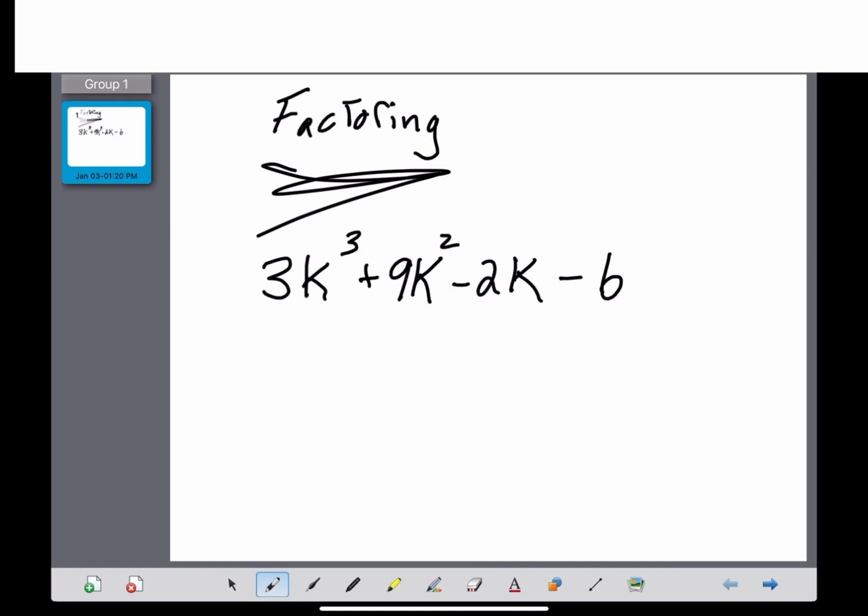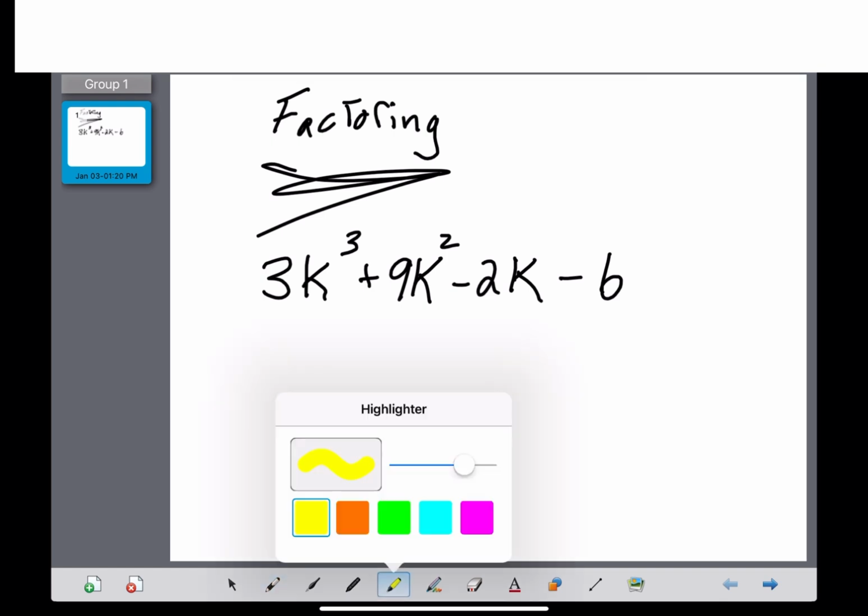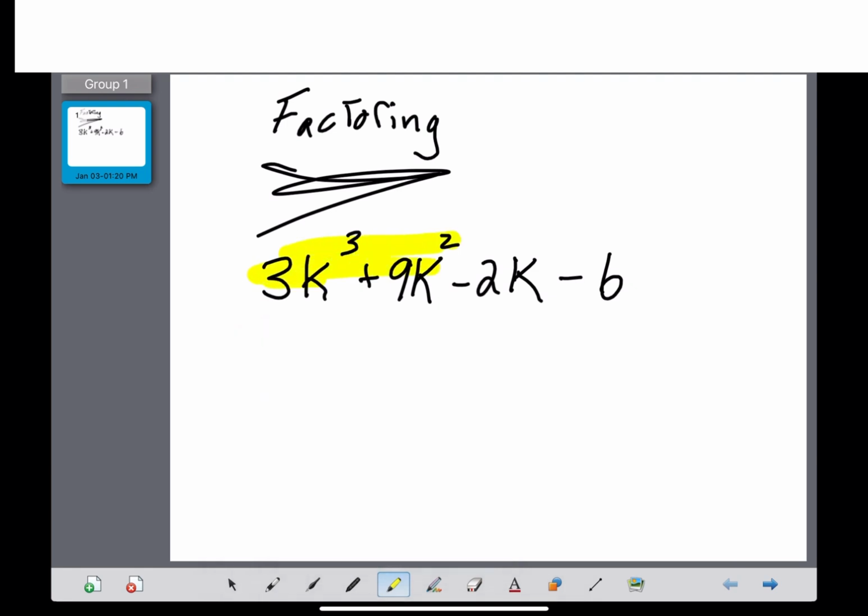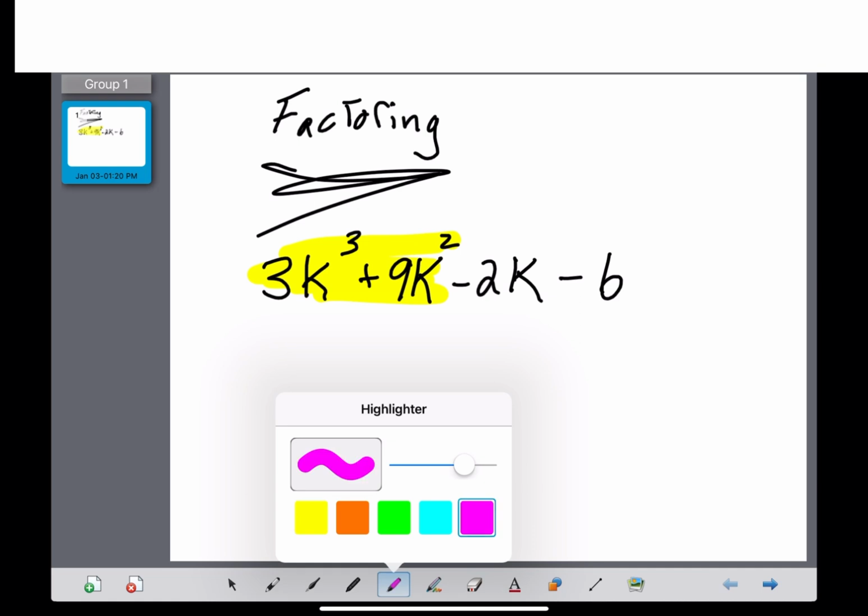So the first one we're going to look at today, 3k cubed plus 9k squared minus 2k minus 6. Remember, factoring by grouping simply means that we group the first two terms together and factor out a GCF.